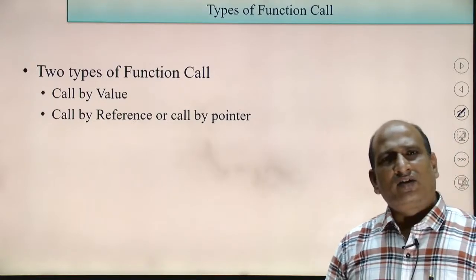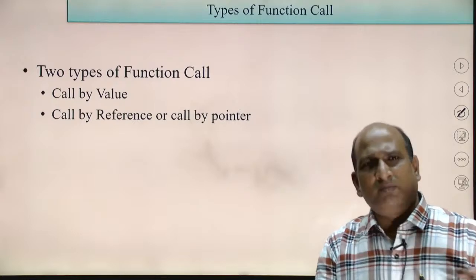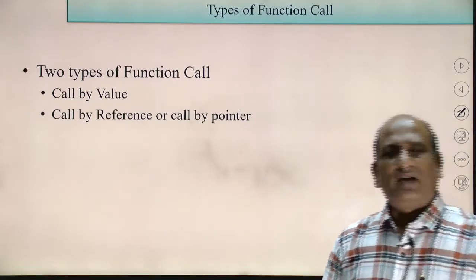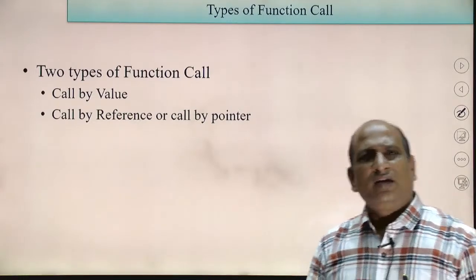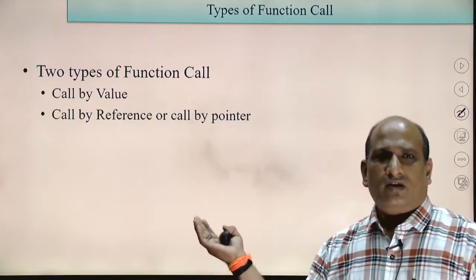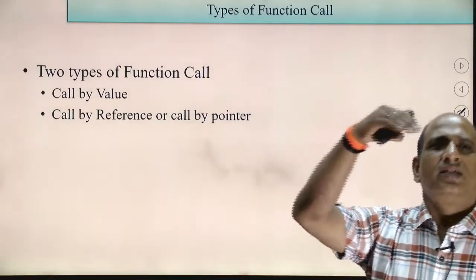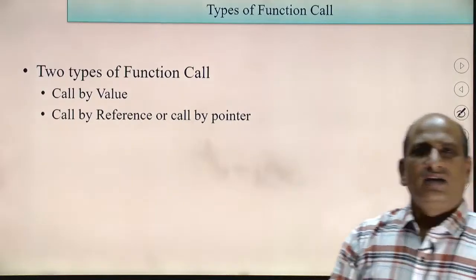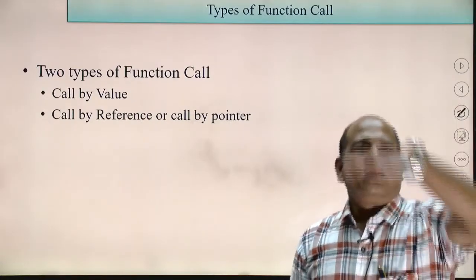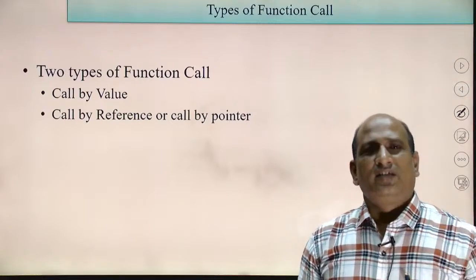But whenever we pass the reference, we pass the actual address of the actual parameter, then the external function will operate on the values by accessing those addresses, and on reaching there, it will change the value at those addresses.